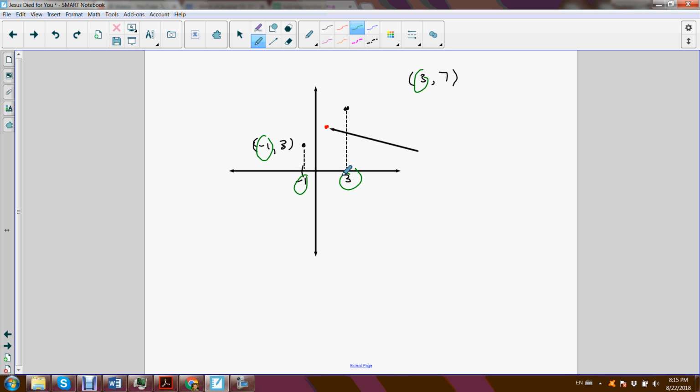You can do either of those ways that I just previously demonstrated. From -1 to 3 is 4 units. So halfway would be 2 units. So the middle halfway between -1 and 3 is going to be 2 more than -1 or 2 less than 3.